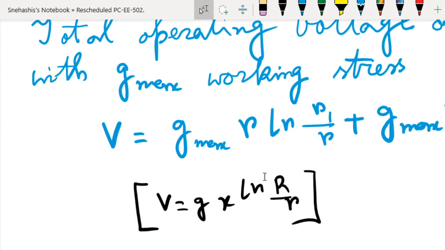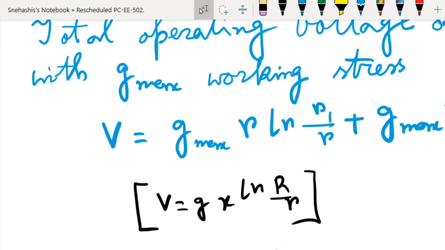So for first layer capital R is R1 and small r is R. For second layer capital R is R2 and small r is R1. On a similar analogy, for the final layer it is G max R2 ln capital R by small r2.